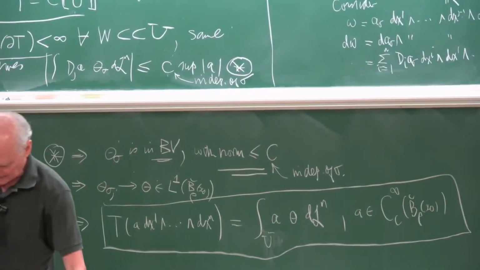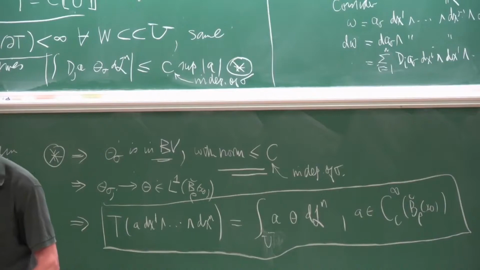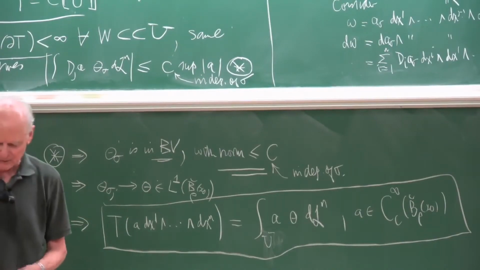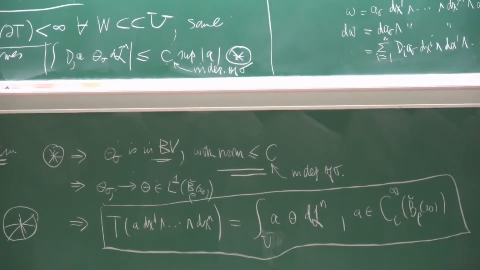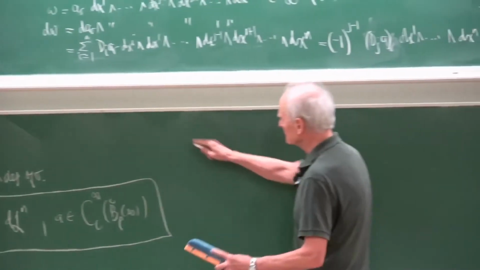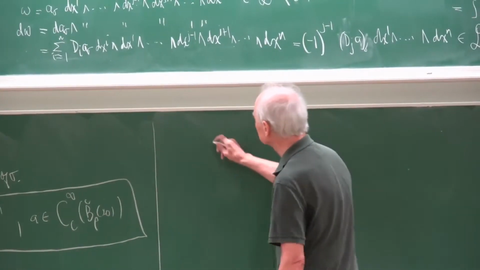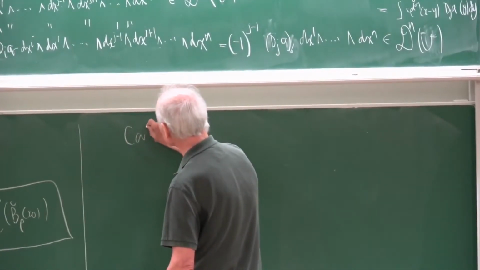Okay, so that's that. Now let's see what else. Oh yes, we've still got a bit more machinery. Notice we're slowly getting the machinery of currents together now. Another bit of machinery that we need is the notion of Cartesian product of currents.